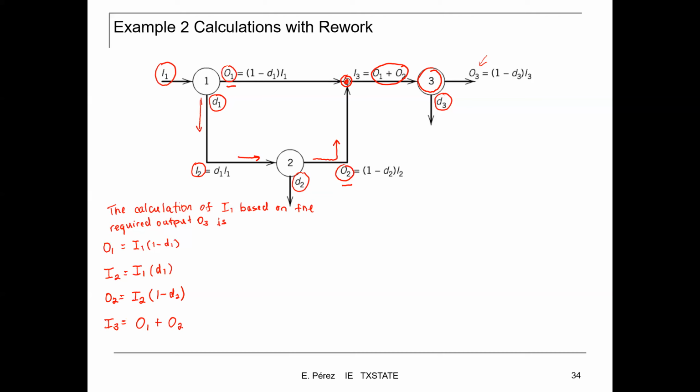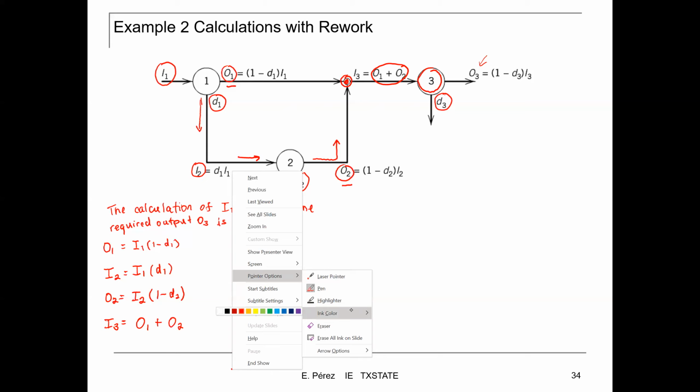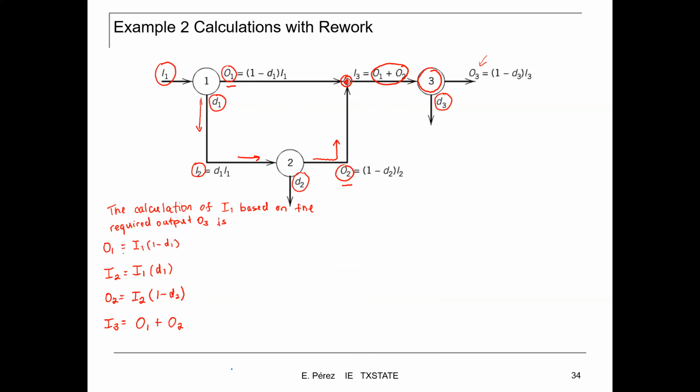And we have already defined the expressions for O1 and O2. So we have O1 here, and we have O2 here, which means that we can substitute that information into our equation.